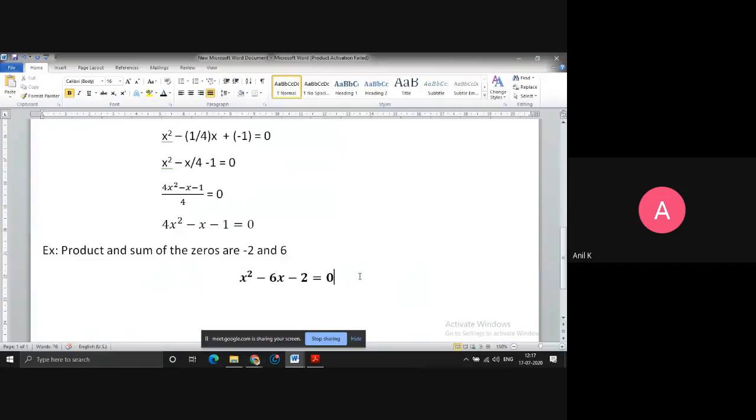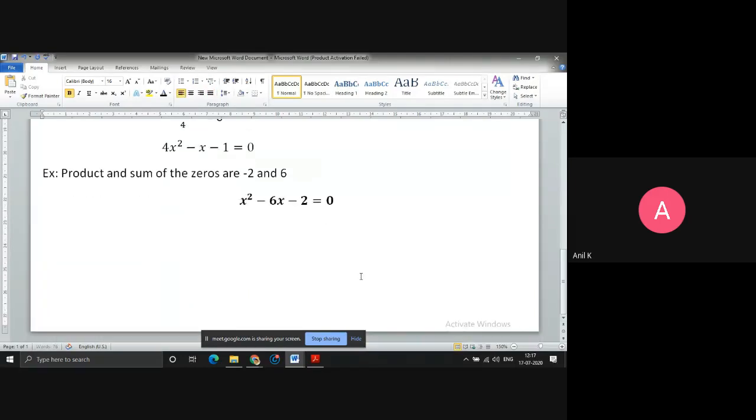Now I'll come to another twisting question, which is where students just make a mistake while reading a question. Let me type the question here.